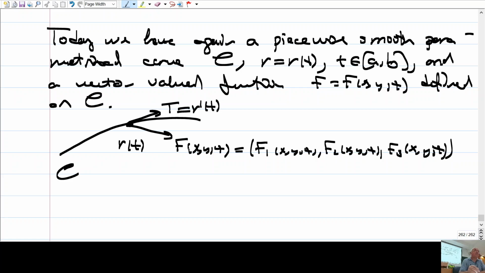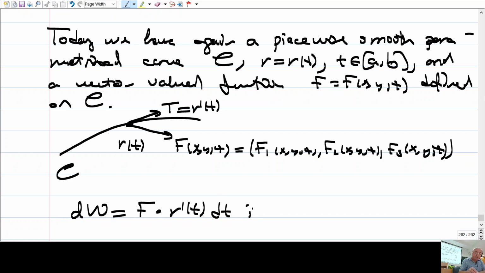velocity? Force times velocity is just the power, right? So F dot product, let's say r prime t dt, say t represents the time.